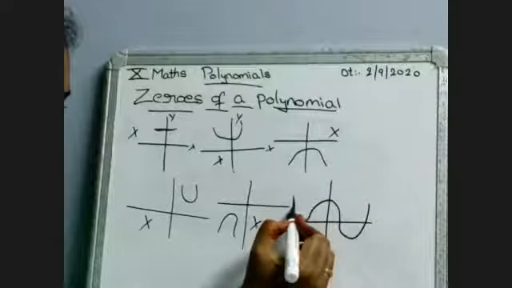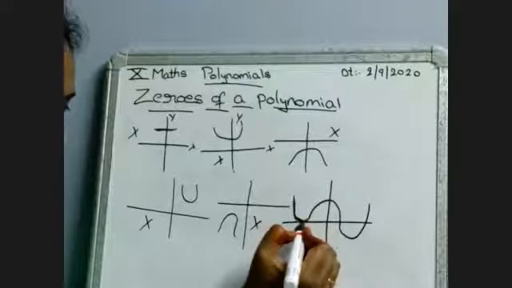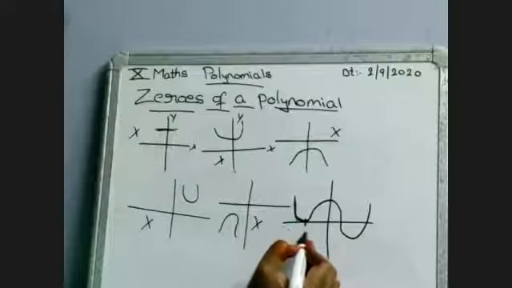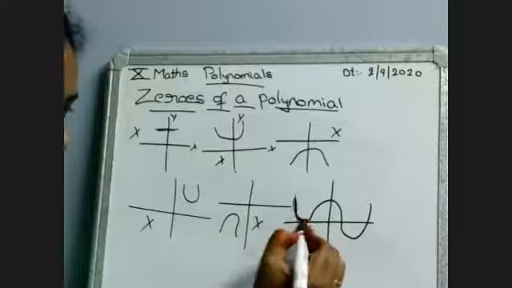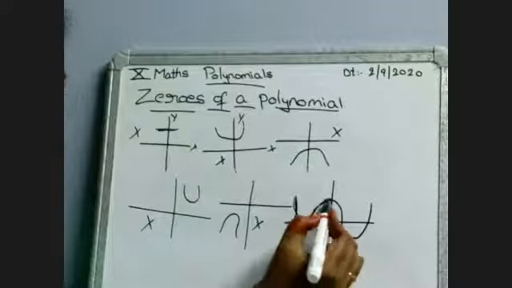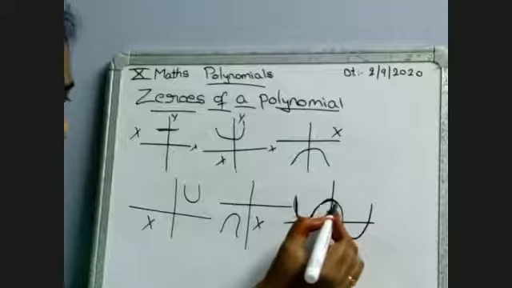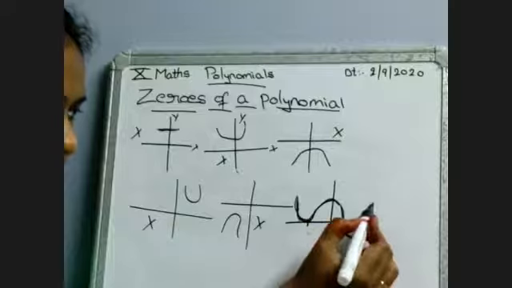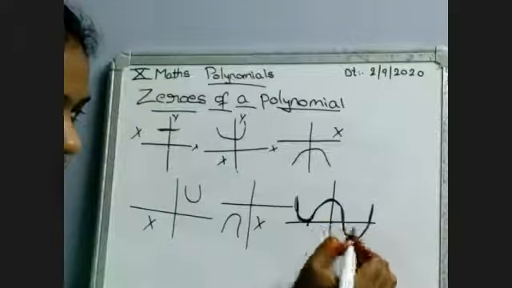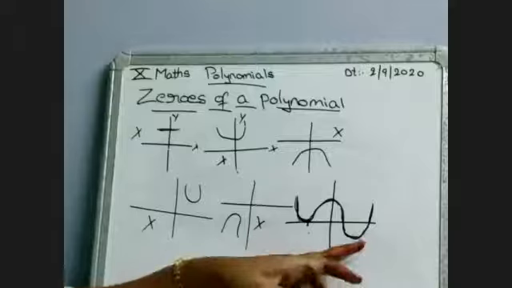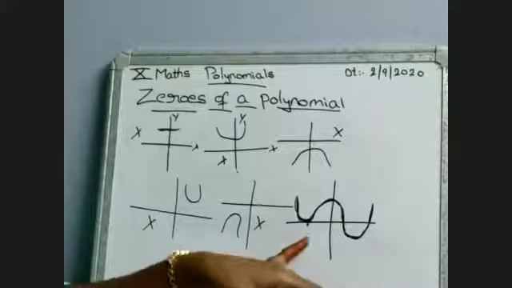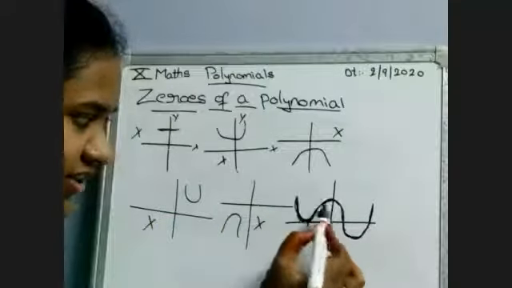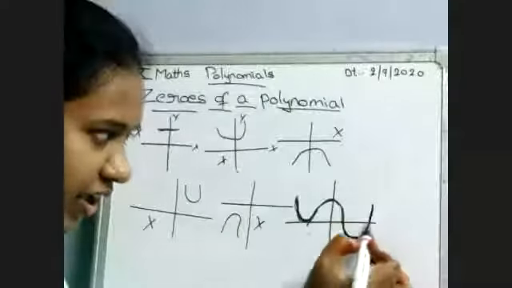Coming here, one curve is going like this. If you observe, it is cutting the x-axis here. It touches the line and goes, and again touches or cuts the axis and comes back. Don't mind the points, just observe. This curve is cutting the y-axis here and the x-axis here.